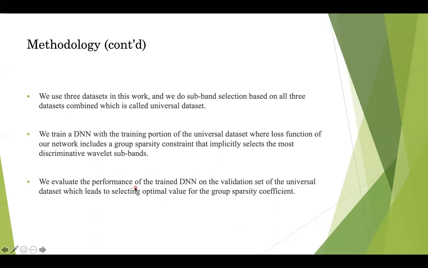We evaluate the performance of the trained deep neural network on the validation set of the universal dataset, which leads to selecting the optimal value for the group sparsity coefficient.